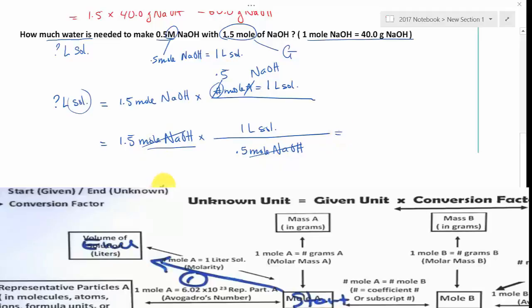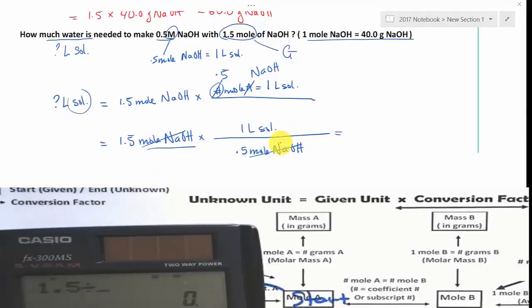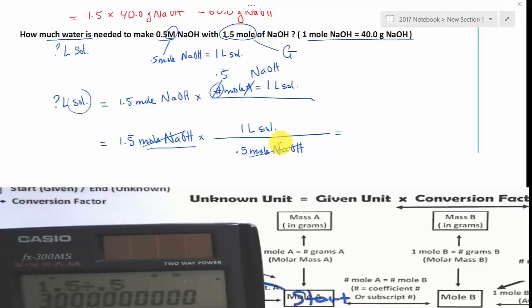And all you have to do is multiply everything on the top, divide by the bottom, which is 1.5 divided by 0.5, equal to 3.0 liters of solution. So to make 0.5 molarity of this NaOH using 1.5 moles, we need that much volume.